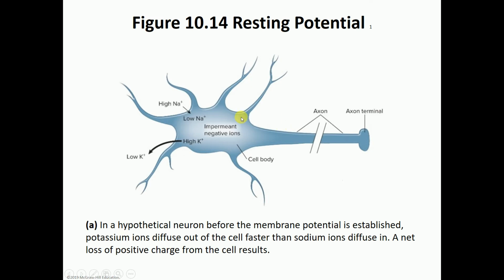So there again is your inside of the cell with your higher potassium levels, and this is your outside of the cell with your higher sodium levels. Remember again, the inside at rest is negative 70 millivolts. There's always leaking of potassium out of the cell, and sodium is always trying to leak into the cell. Again, everything goes back to normal through the function of the sodium-potassium pump.